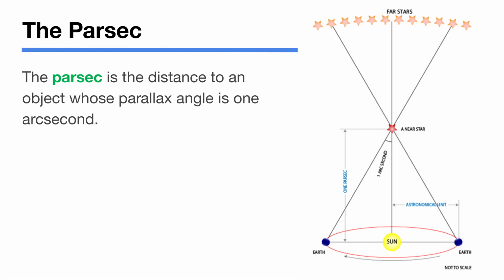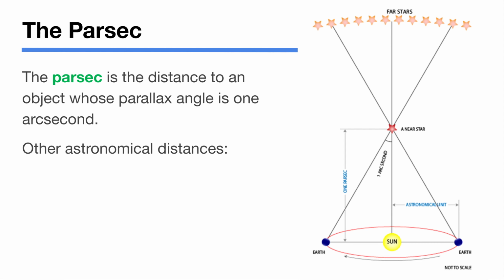It's a very specific one. It is the distance where a star would have a parallax angle of 1 arc second. If you find a star at just the right distance away that you measure its parallax angle and get 1 arc second, we call that distance the parsec.